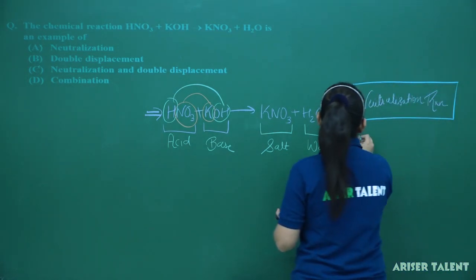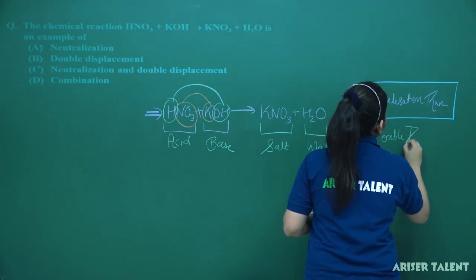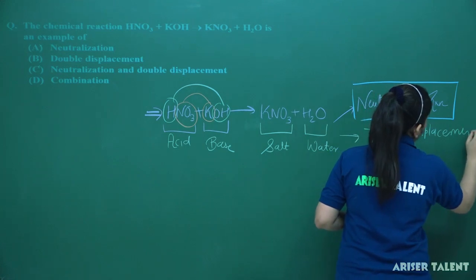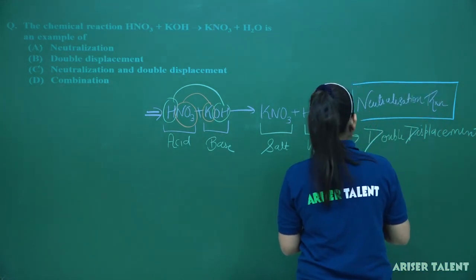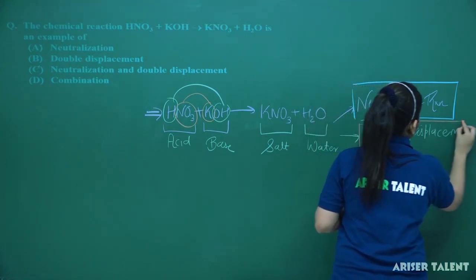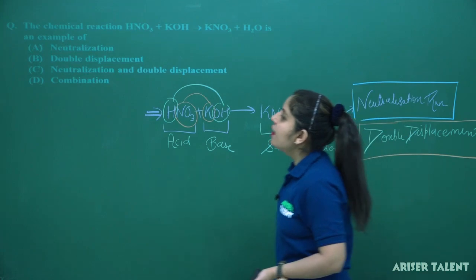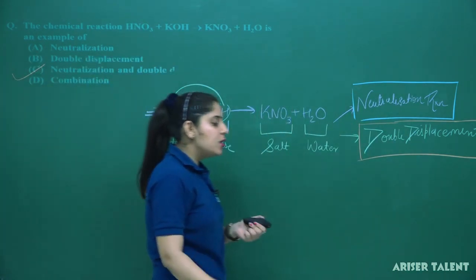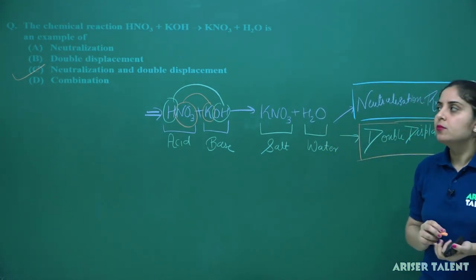So we can also say that this reaction is double displacement. So the correct answer will be neutralization and double displacement. So students, here option number C is correct. If you want to copy it, please copy it now.